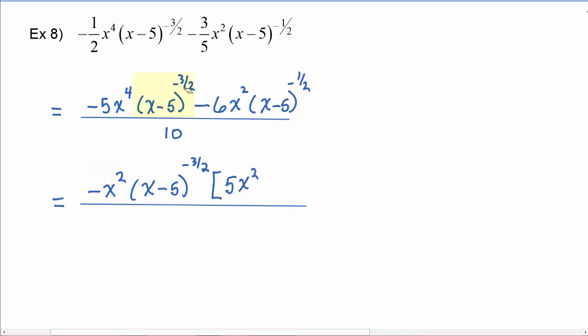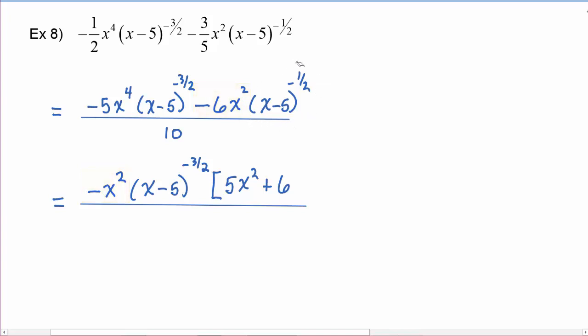Now the x minus 5 to the negative 3 halves will cancel with the x minus 5 to the negative 3 halves, so we don't get anything more from that first term. Now there's a minus sign here, but remember we factored out a negative here. So when we have negative 6x squared divided by negative x squared, we're going to end up with a positive 6.